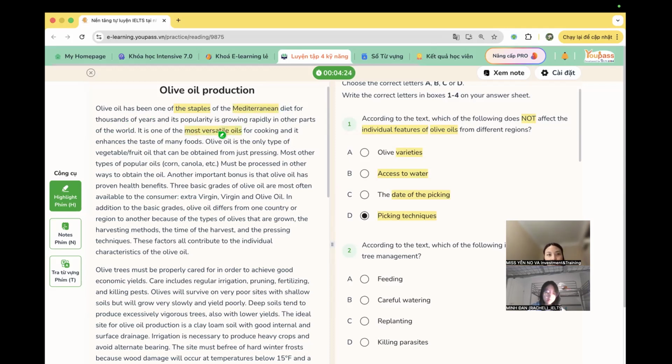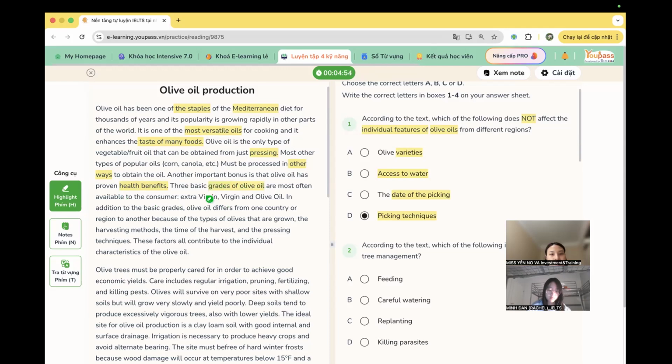Versatile is flexible, and it can enhance the taste of many foods. This fruit oil can be obtained just by pressing. Most other types of popular oils like corn and canola have other ways to obtain the oils. And that is the health benefit, the favorite rates of olive oil.